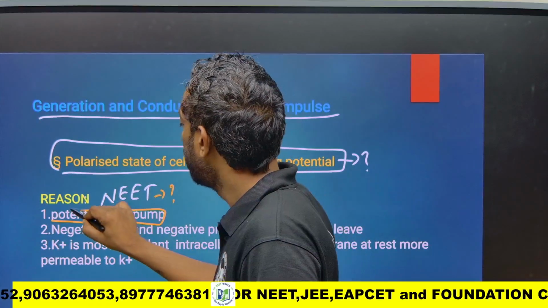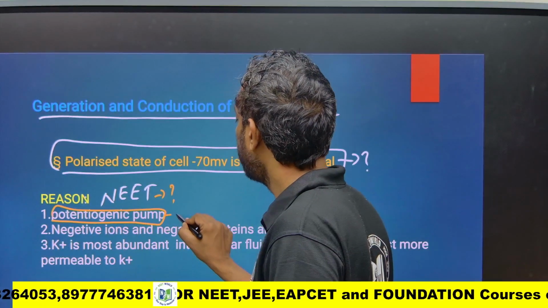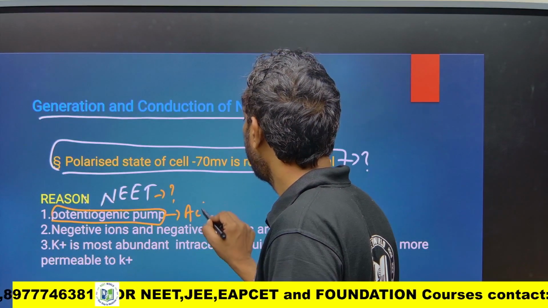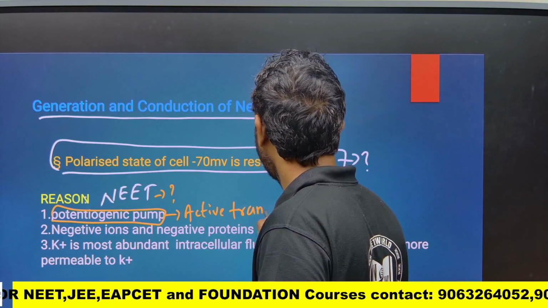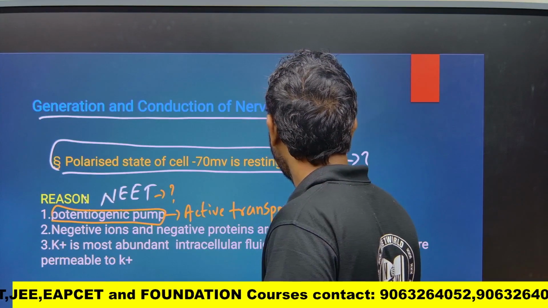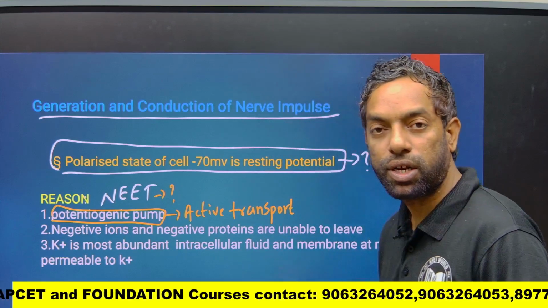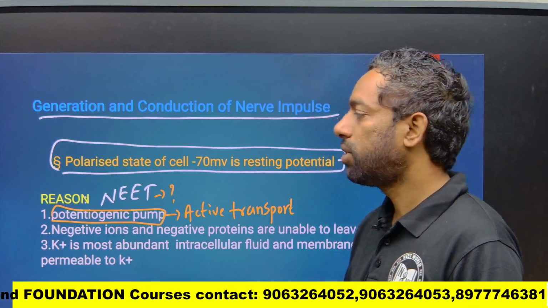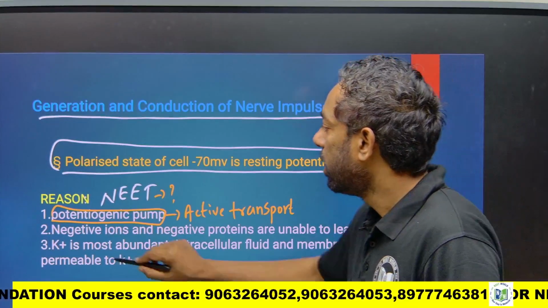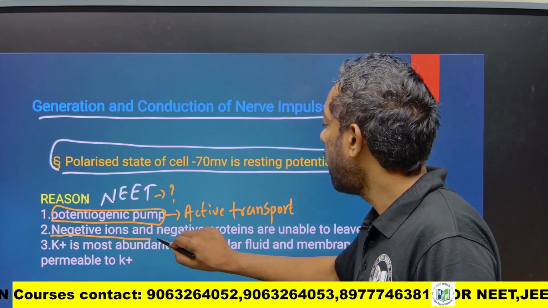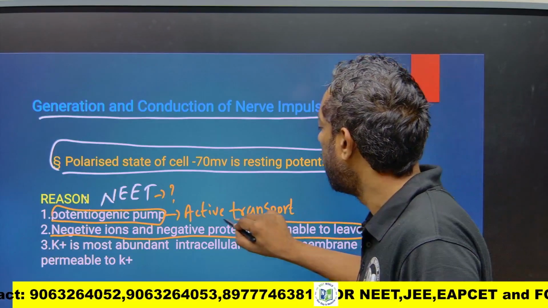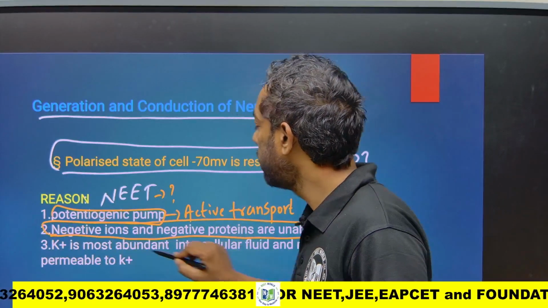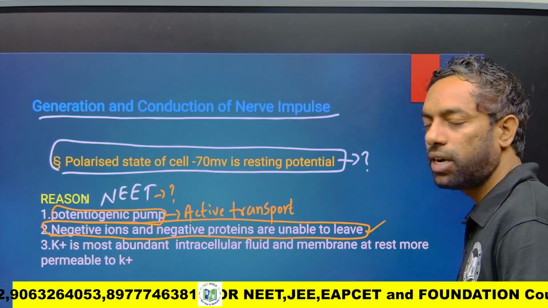First reason, the potentiogenic pump, which is active transport. Second, most important reason: negative ions and negative proteins are unable to leave the cell.